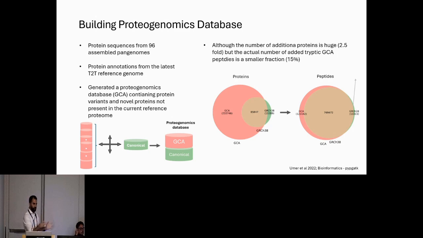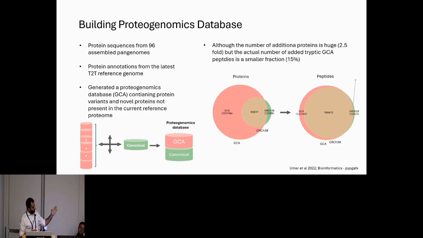We got all the proteins from these improved genomes, and then we add the canonical Ensembl or UniProt database. This provides us with a proteogenomics database that looks huge, because if you look at this figure on the left, the number of proteins is 2.5-fold the current number of proteins in the UniProt database.